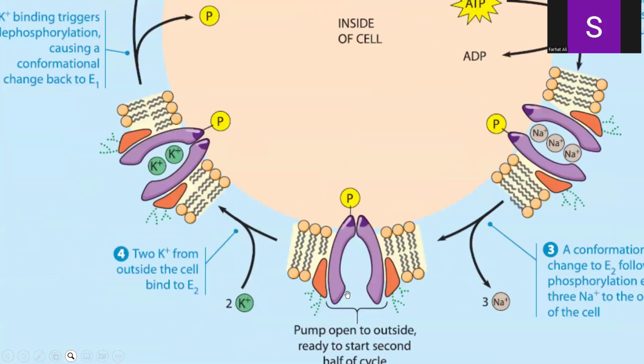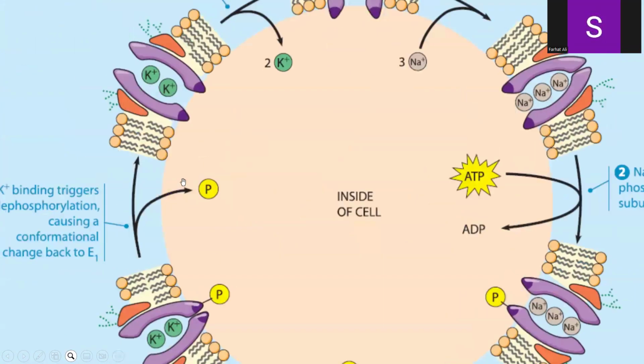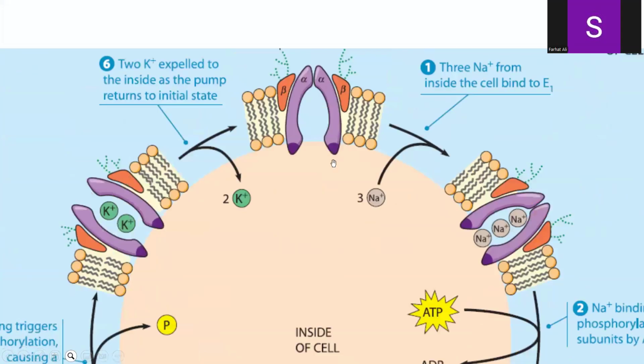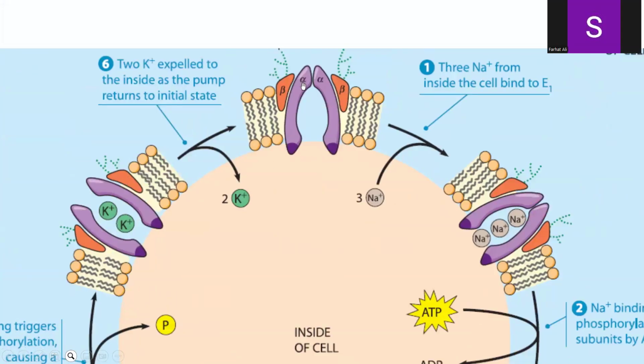Now this is open on the outside, so two potassium ions will bind here, and upon binding of potassium, the conformation changes, as a result of which the pump will go back to the E1 state, where the potassium ions will be transferred to the interior of the cell, and now the pump will be ready for another round of transport.